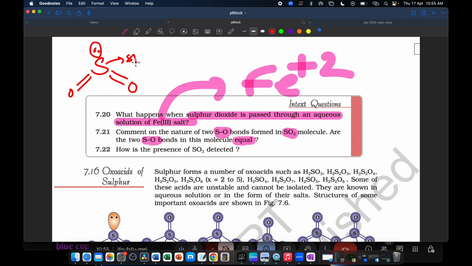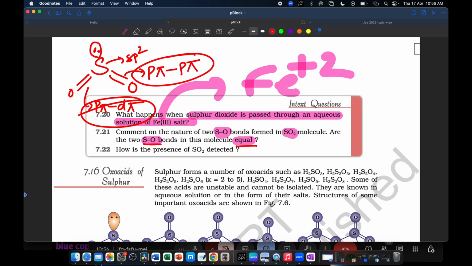The hybridization of sulfur is sp2. One pi bond is formed by p pi, and the other one is p pi d pi. So all bonds are not equal. One SO bond and the other SO bond are not equal because one is p pi and another is p pi d pi bond.